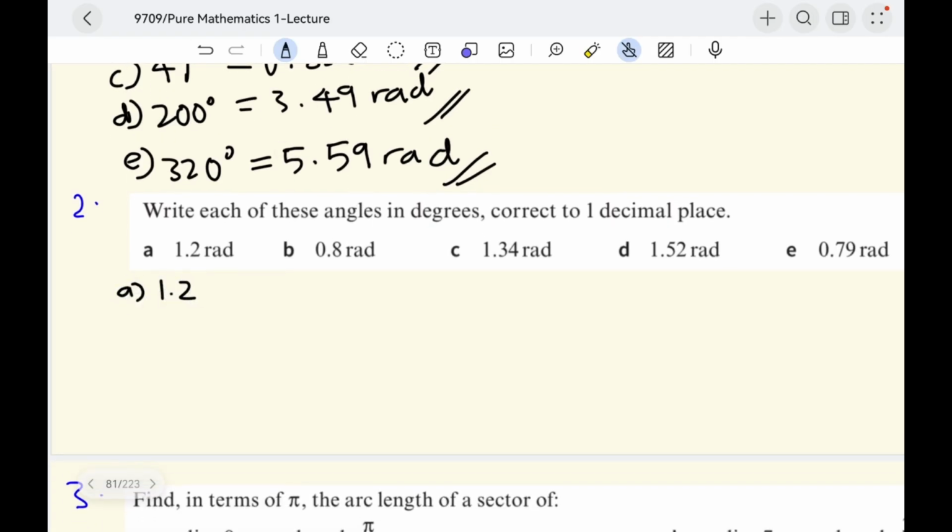So 1.2 radians equals 1.2 times 180 divided by pi. So remember to leave your answers of angles in degrees to one decimal place.